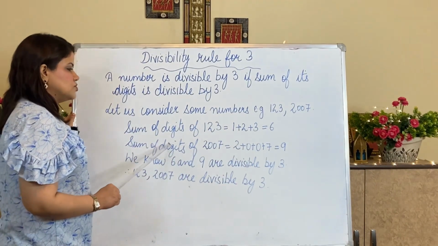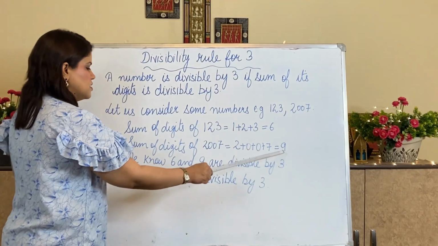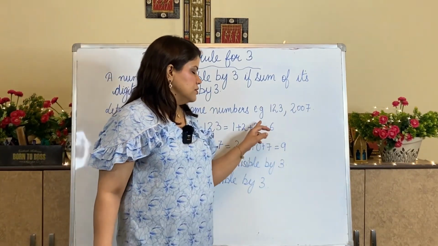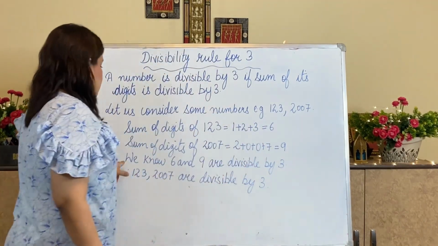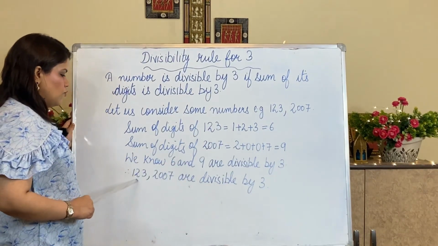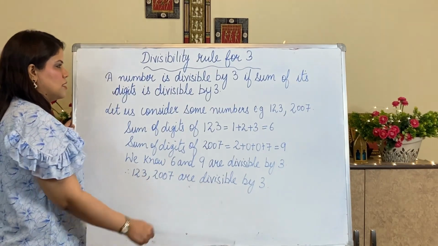And sum of the digits of 2007 is 2 plus 0 plus 0 plus 7 is 9. Now, you know that 6 and 9 are divisible by 3. Therefore, 123 and 2007 are divisible by 3.